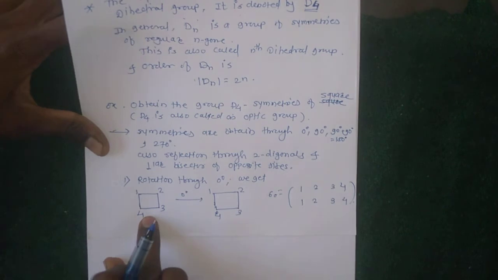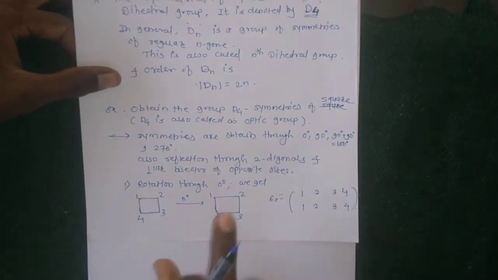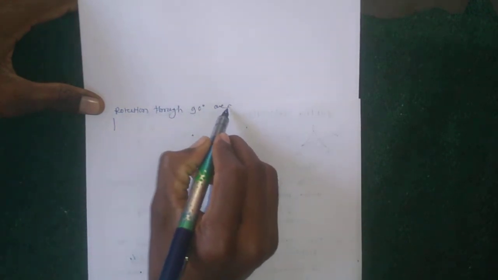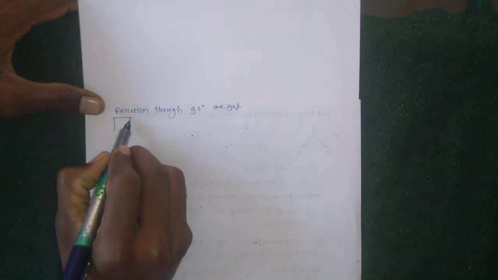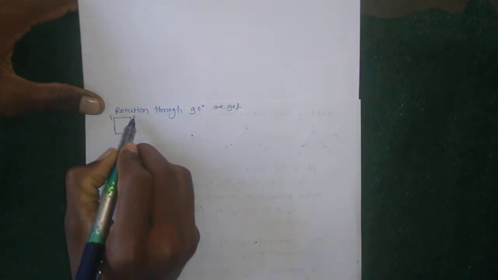this square is rotated through 90 degrees. We get 1, 2, 3 and 4.